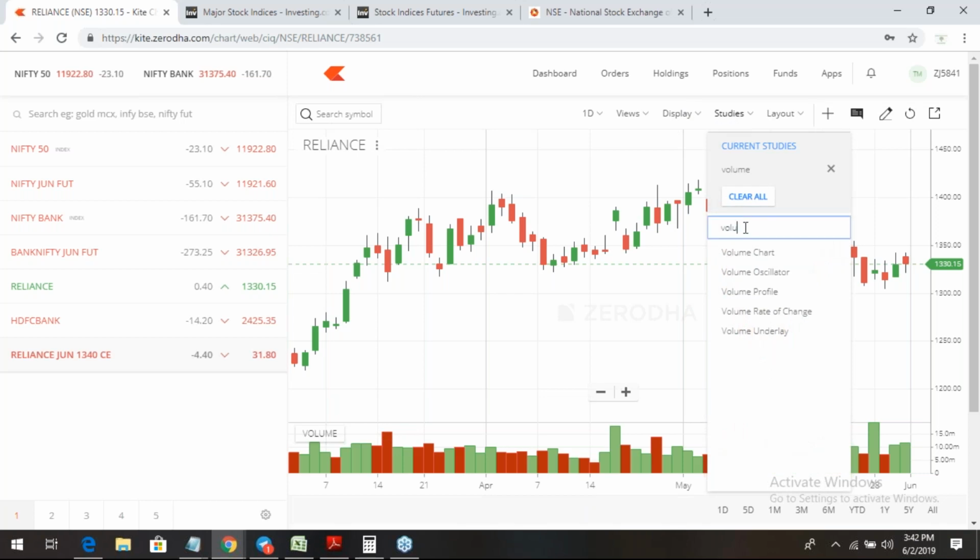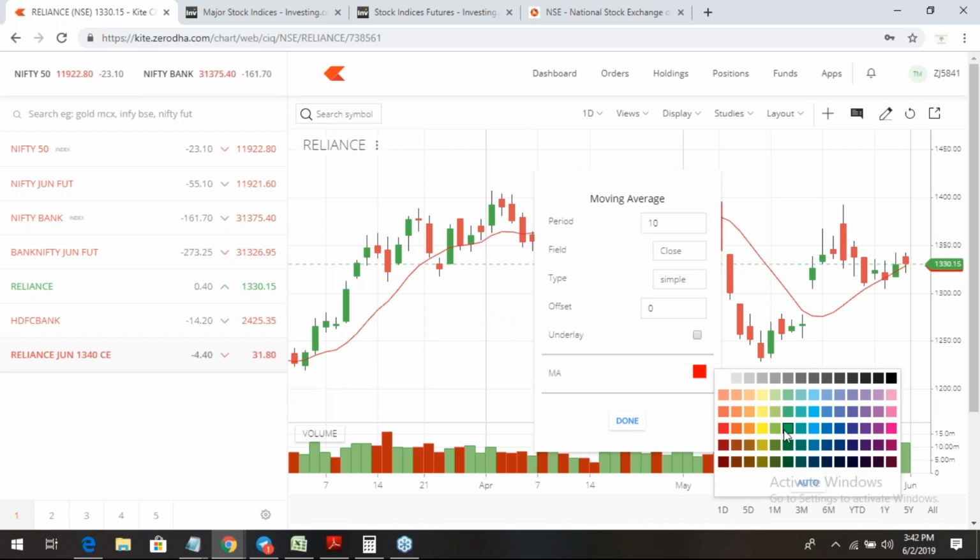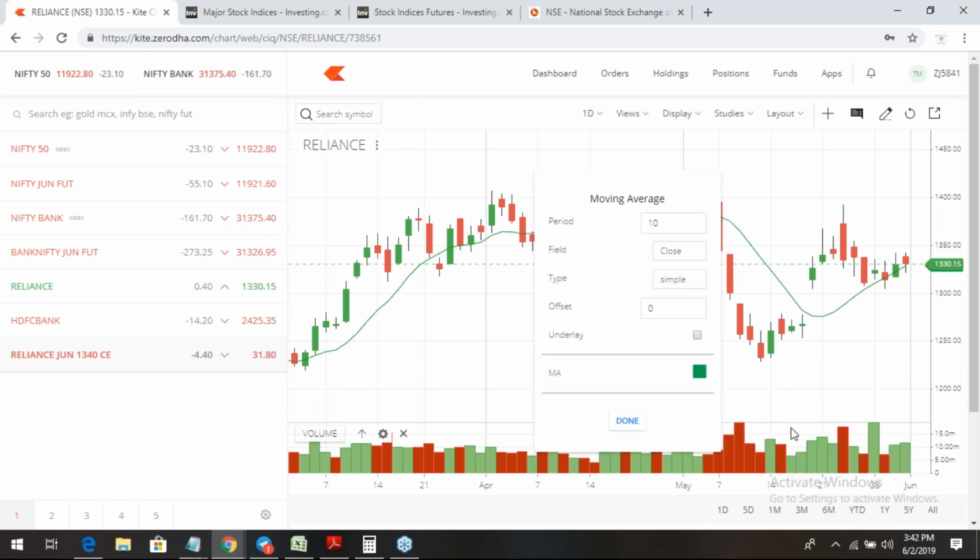Again go in here and put a moving average. Simple moving average, right? First we'll write the 10 simple moving average. Color will be green, and your color should always be the same.